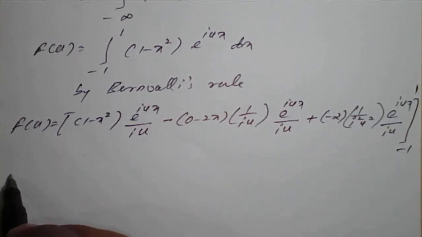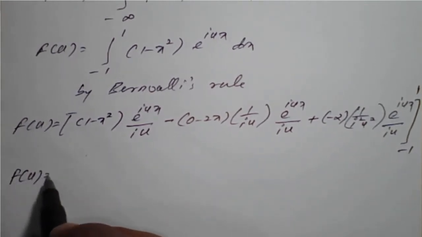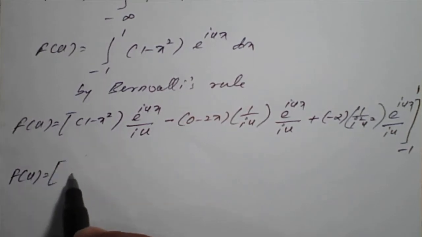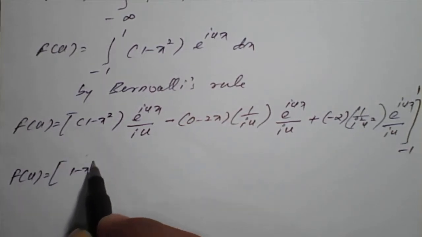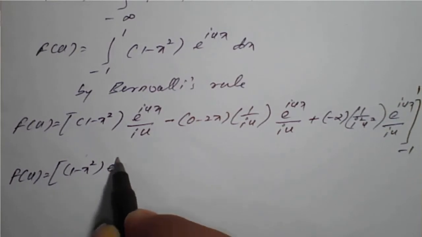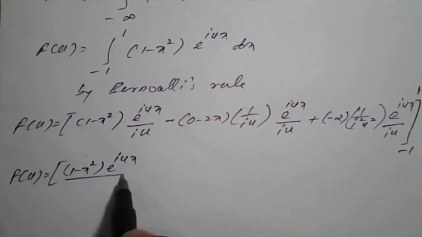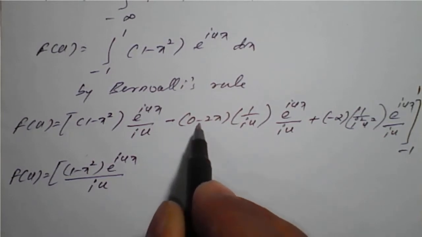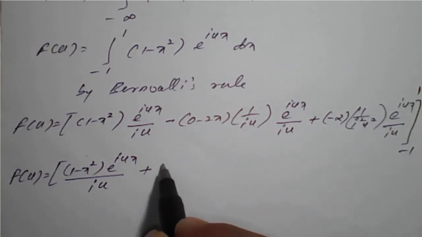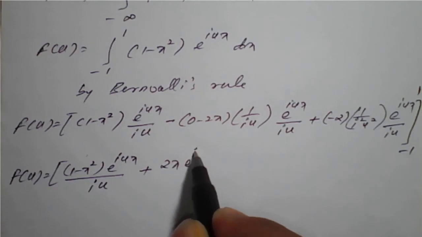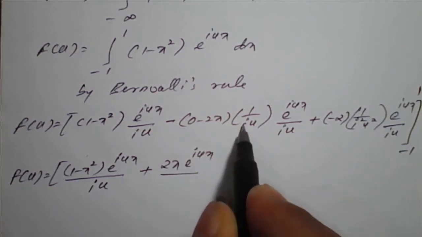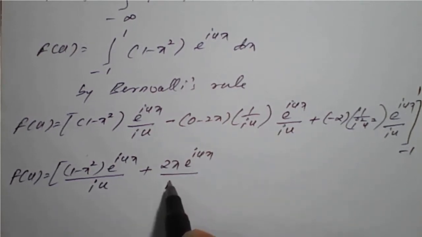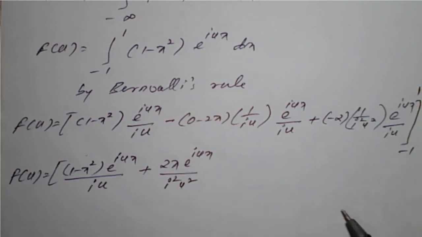Which is nothing but F of u is equal to bracket 1 minus x square into e raised to i u x divided by i u. Minus into minus is plus, 2x into e raised to i u x divided by i u into i u, it will become i square u square.